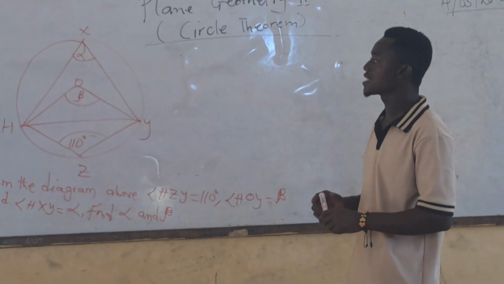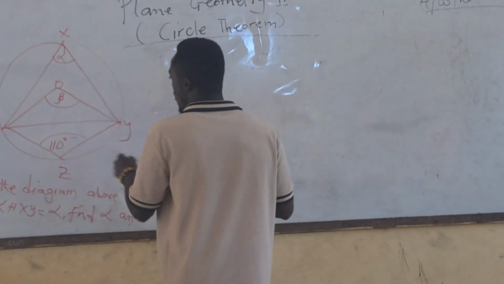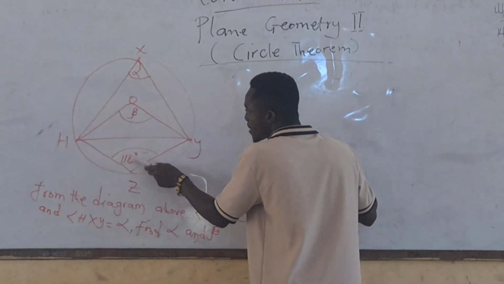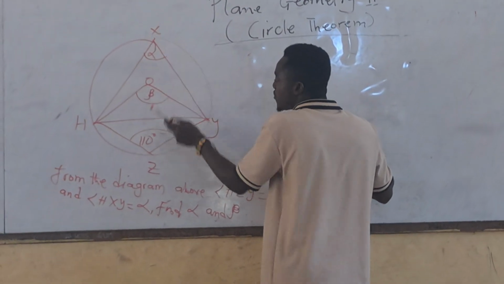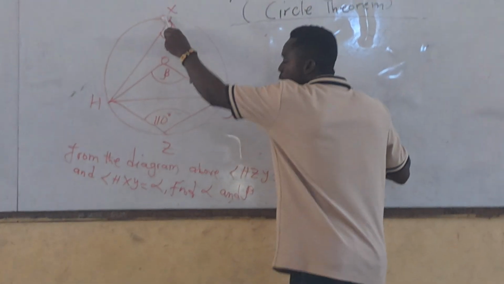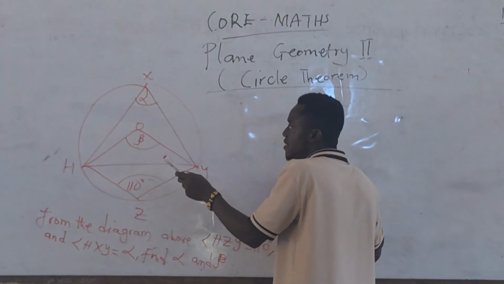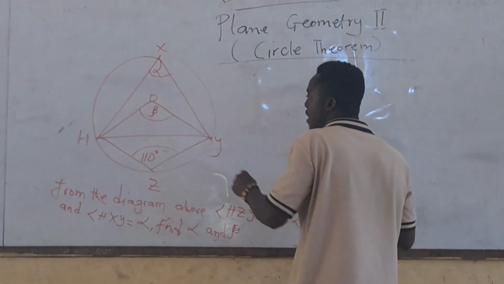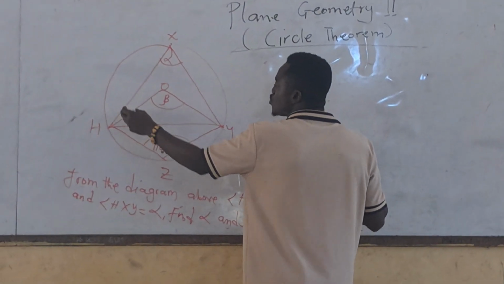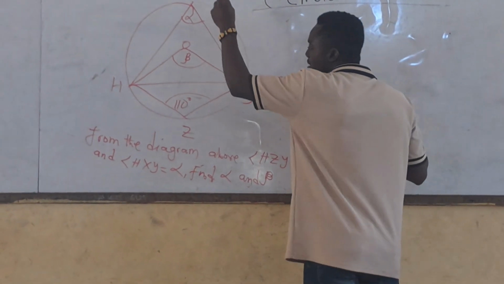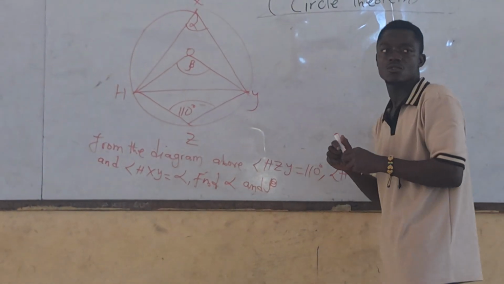So that's our first rule. The sum of the angles formed at the circumference by the chord and the opposite segments add up to 180. So we have a chord with two segments at the circumference, and the sum of it gives us 180.